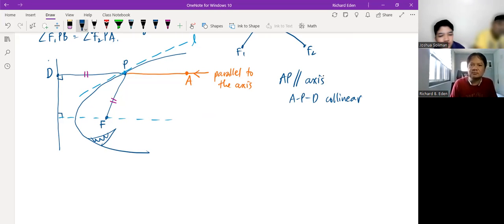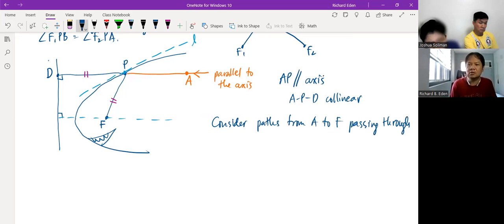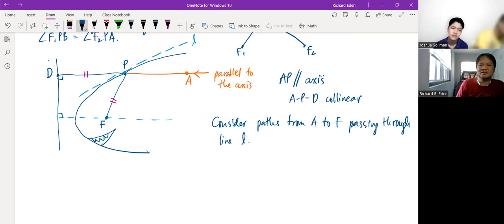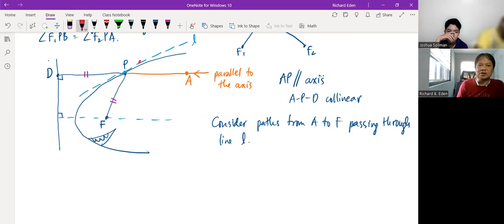So consider paths from A to F that are going to pass through line L. Say an arbitrary point Q here.